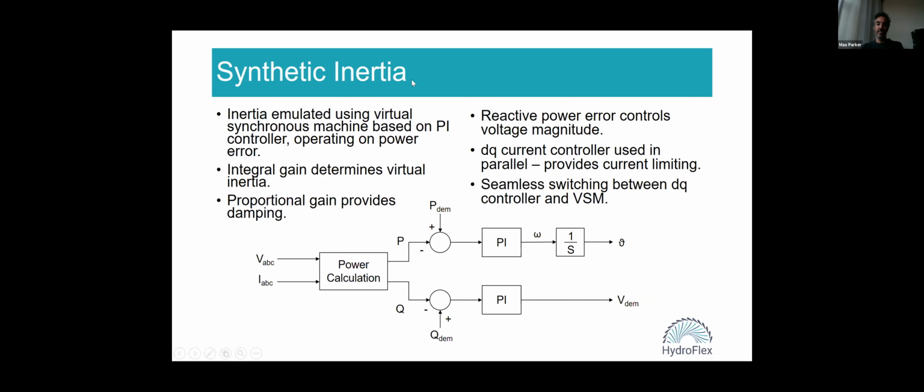It's basically just using a proportional integral controller to set a virtual speed, integrating that to get an electrical angle.